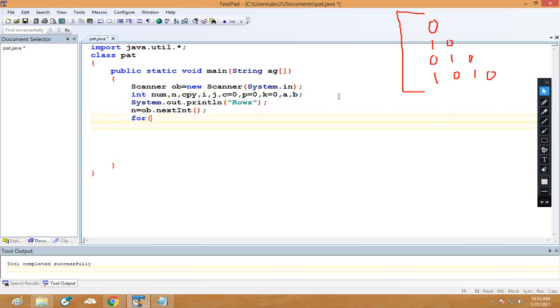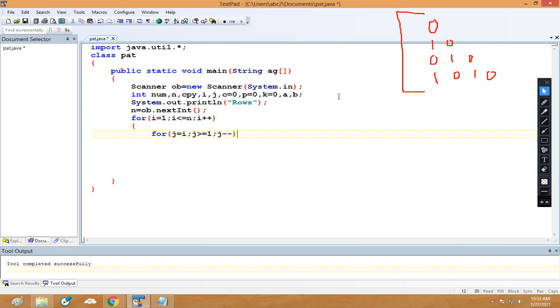After that, start a loop from 1 to less than or equal to this. Now the j has to start from i. If it is starting from i, it has to end on 1, because the first value of i is 1. So first of all, the printing is happening only once.